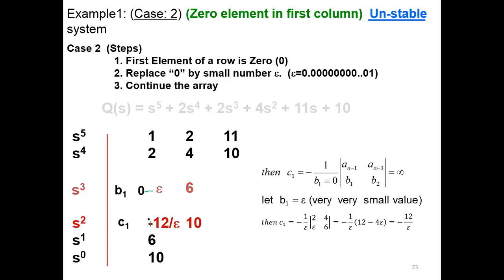So whether we take epsilon positive or negative, we will have two sign changes. That means two unstable poles. So this is an unstable system. Two roots in the right half plane.